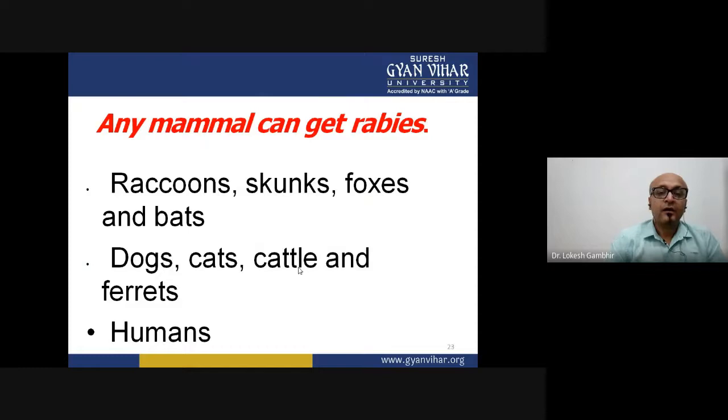Then the next question comes: after studying the structure, genome, and replication cycle, let us now focus on the pathogenesis of the disease. The first question that comes to mind is whether we are only talking about bat caves or dogs. No, any mammal can get affected by this particular virus, be it raccoons, foxes, dogs, cats, cattle, and humans, of course.